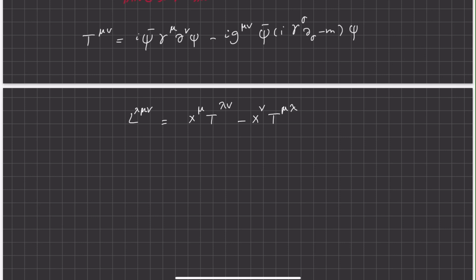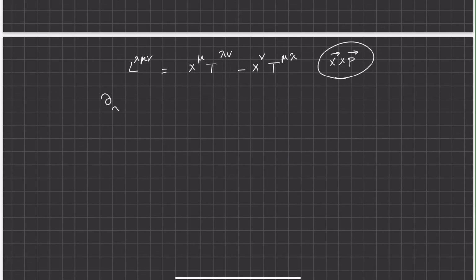So that's a generalized form of the outer product of x times p in order to preserve the anti-symmetric nature of this outer product when we're going into the tensor language here. And now I have the derivative with respect to lambda of M lambda mu nu. So we are just taking the derivative with respect to the lambda index here. It's a space-time index. So we're taking the derivative with respect to that, and we're going to have the following expression.